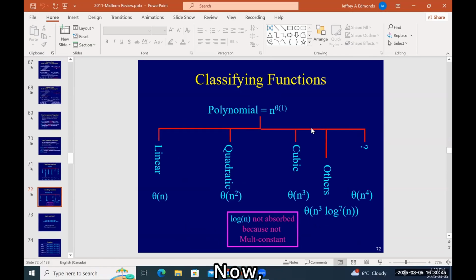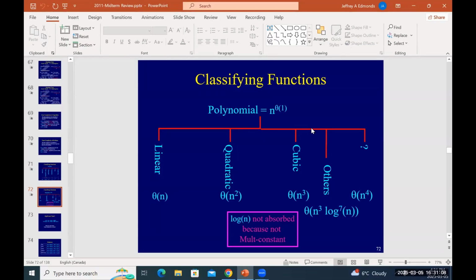Now, the only thing that's a little tricky is here: n cubed log to the 7 n. Is this a polynomial? Well, if you were doing high school polynomials, this is not a polynomial.